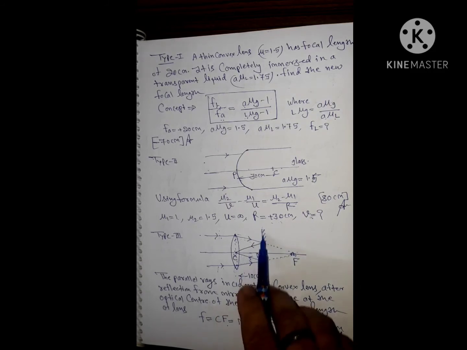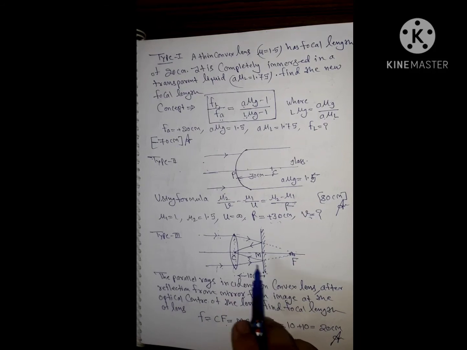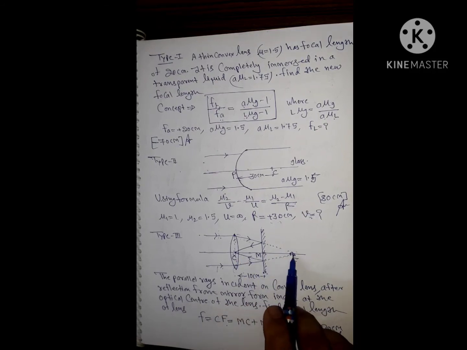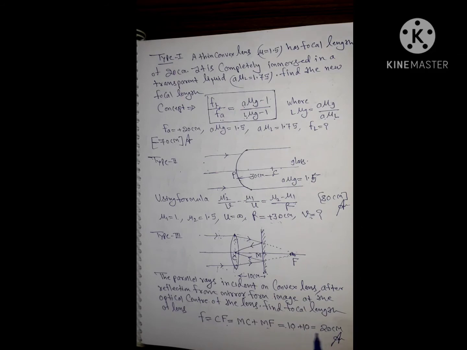With the help of the mirror concept, the image distance and the object distance of the plane mirror should be equal. This is given as 10 centimeter, so this distance is also 10 centimeter. So the focal length of the lens is 10 plus 10, 20 centimeter.